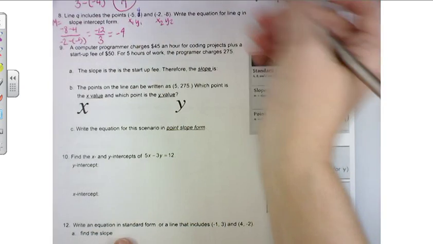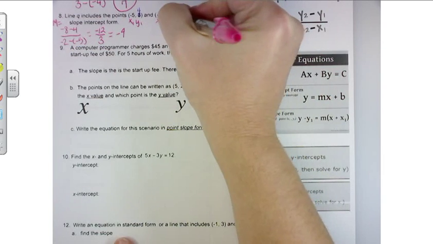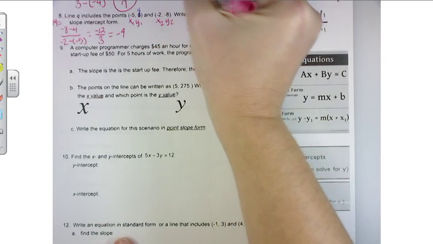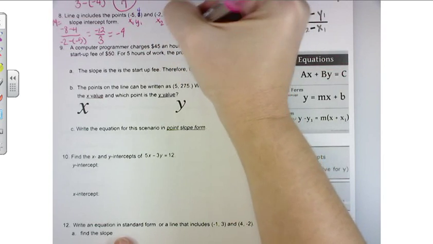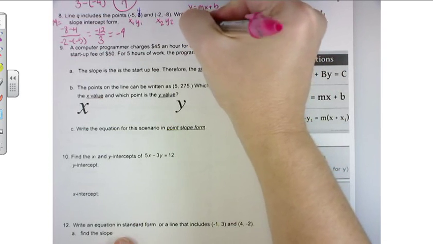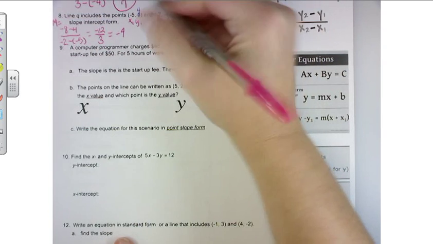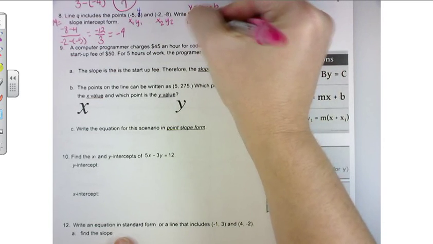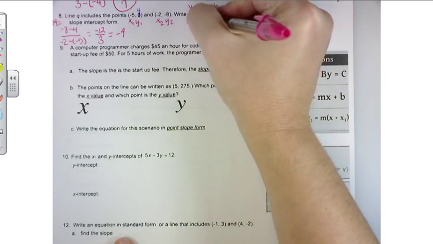So I'm just going to take the first one. 4 equals, because we're going to do y equals mx plus b. So my y is 4. My m is -4 times my -5 plus b, because that's what I'm trying to find.